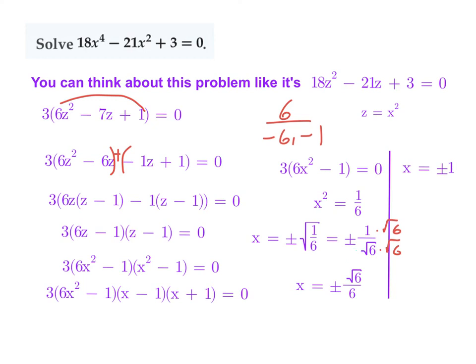Square root and squaring cancel, so that's where the 6 comes from. Okay, and now I have 4 answers. And again, this is 4th degree, 2 answers here, 2 answers there. Okay, that's about as complicated as these problems will get on you today.